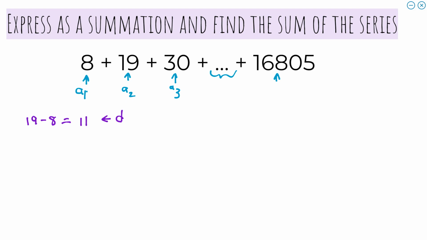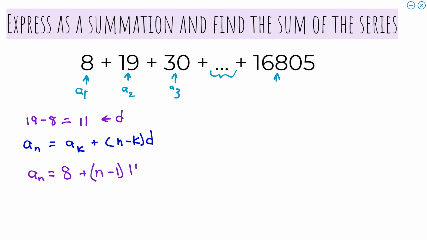So we can find our function rule, where we take our a sub n equals a sub k plus n minus k times d. If I find my nth rule, I can use my a sub 1 in order to do that. So we're going to have our a sub n equals 8 plus n minus 1 times our common difference of 11.